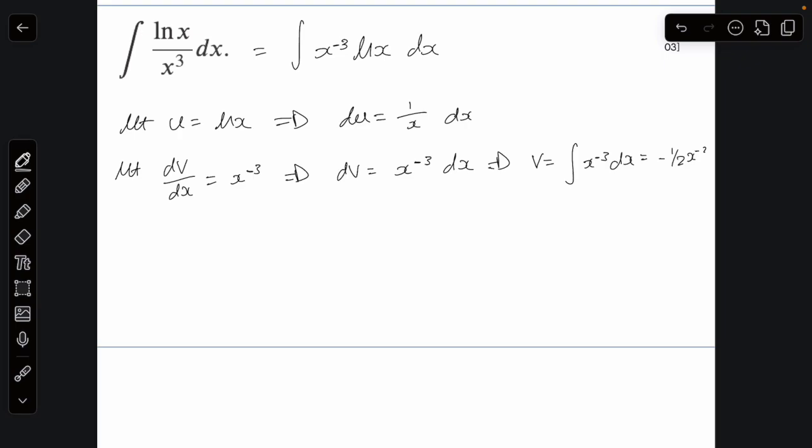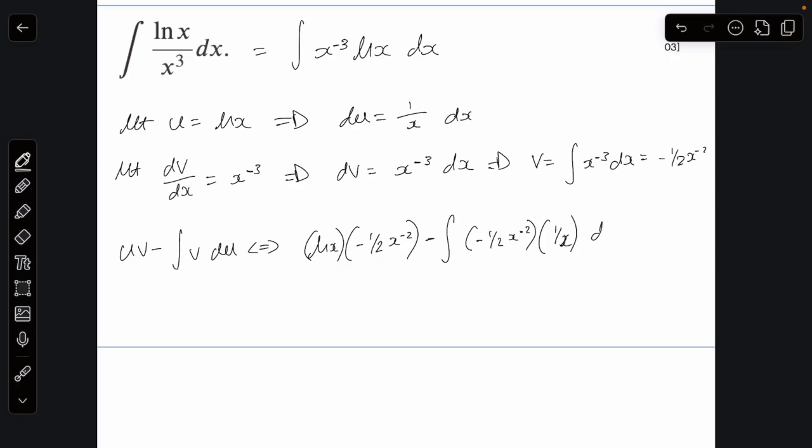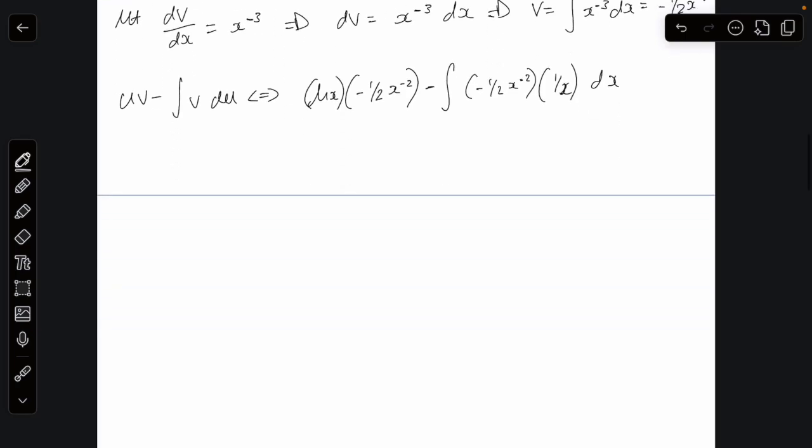Now, according to our formula for integration by parts, we've got uv minus the integral of v du. So we've got ln x as u, we've got v as negative a half x to the power minus 2, and minus the integral of v du, v and du being 1 over x dx.